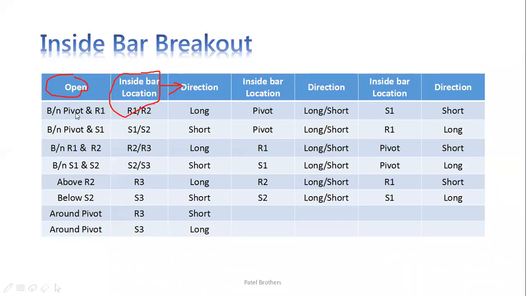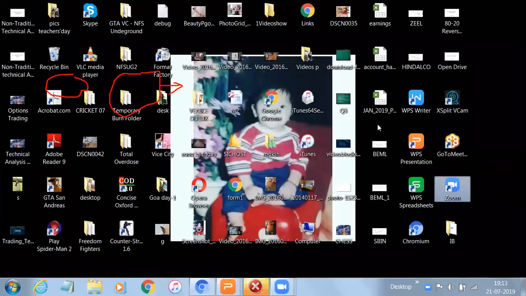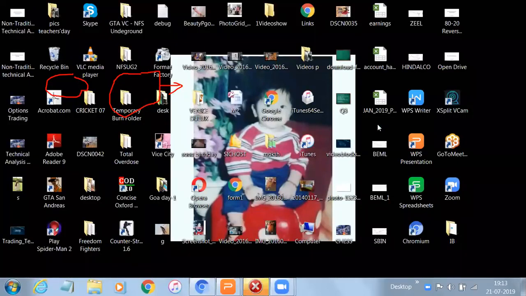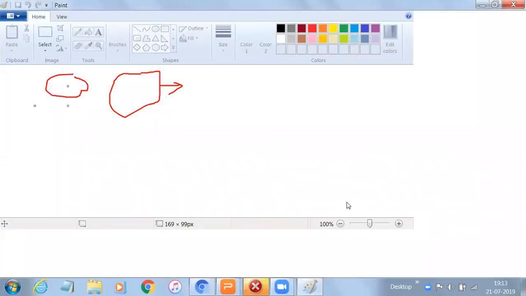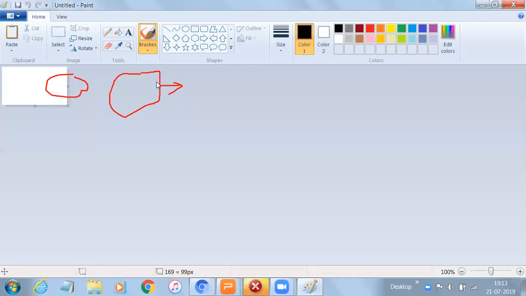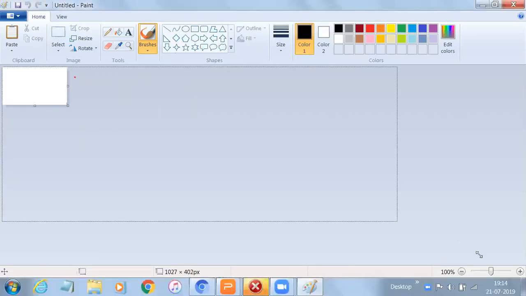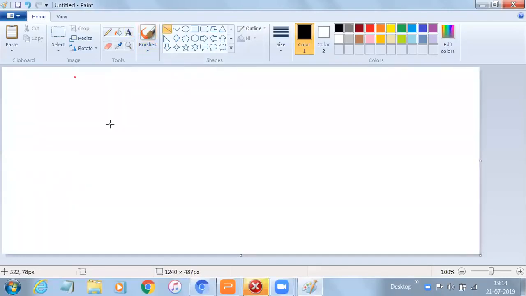If there is an opening between pivot and R1, let me explain with paint. That would be much better. I'm drawing 5 lines here. This is pivot.